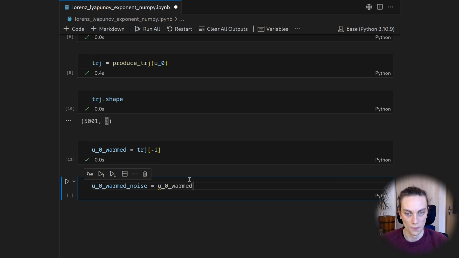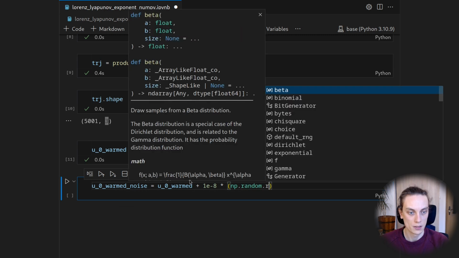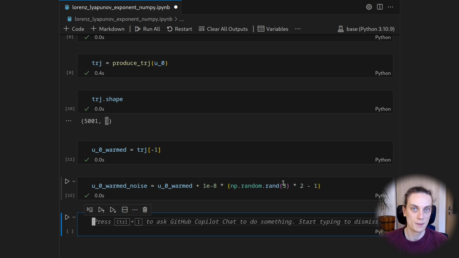So we use U0 warmed plus 1e-8 multiplied with numpy.random.rand(3). This gives us a random three-dimensional vector. By default, it goes from 0 to 1. So basically it's a uniform distribution over 0 to 1, but we can map it to a uniform distribution from -1 to 1 by multiplying it with 2 and subtracting 1.